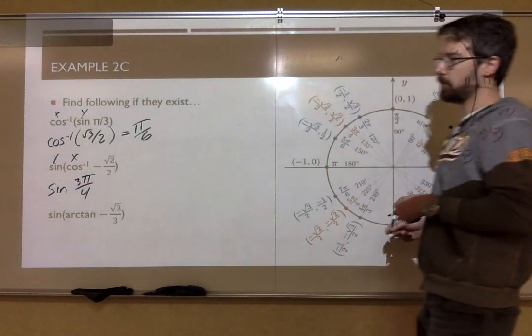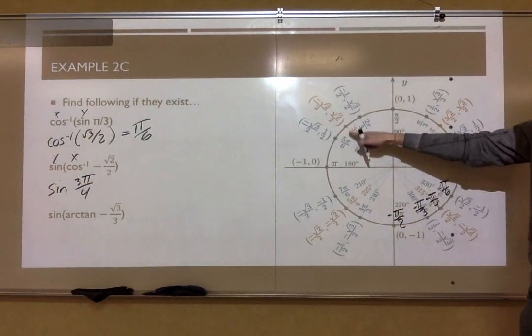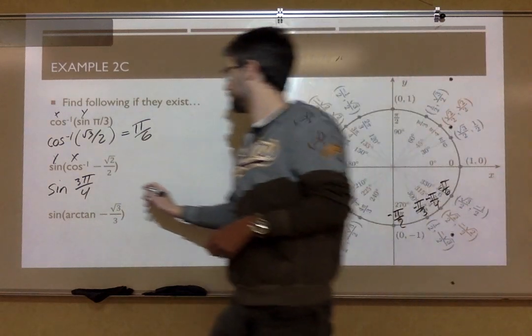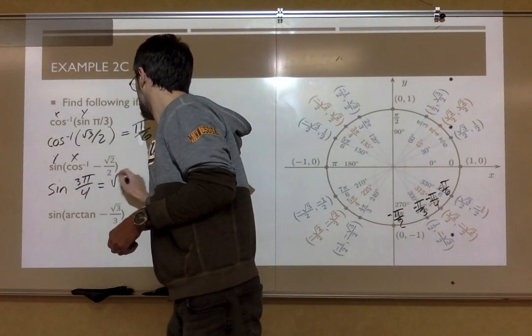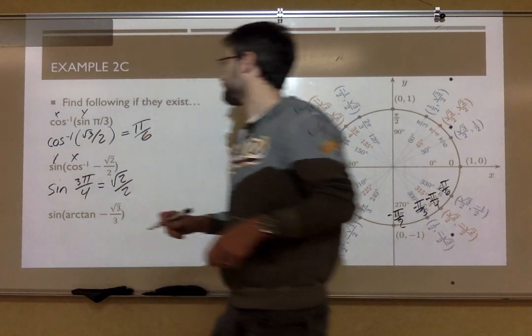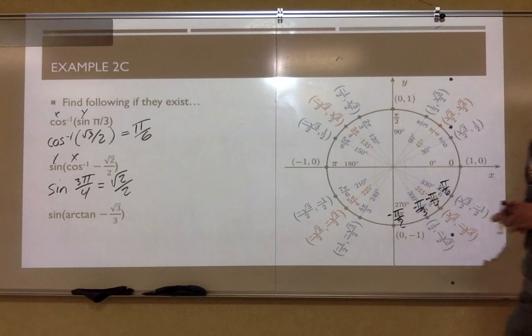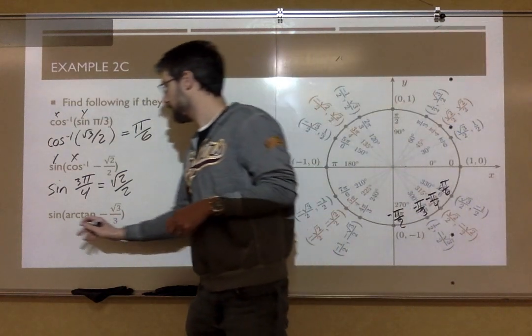Now this becomes sine of 3 pi over 4. What is sine of 3 pi over 4? It's the y value, which would be root 2 over 2.